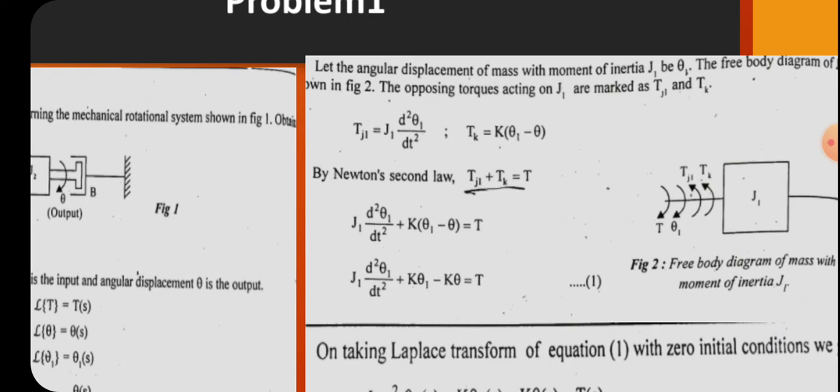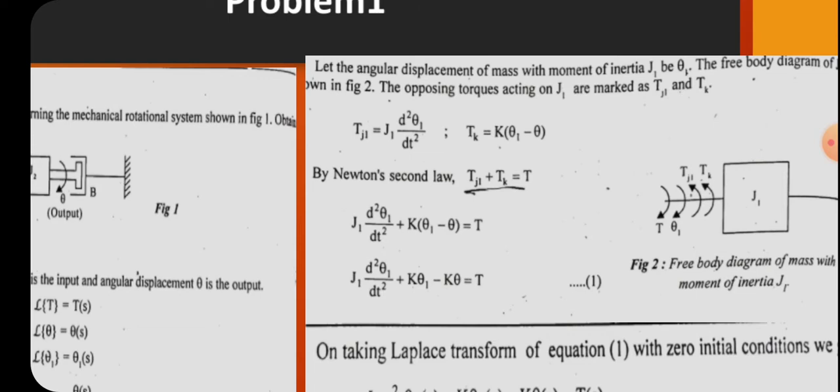So, we got the equations. By Newton's second law, the applied torque will be equal to the opposing torque, so we can write Tj1 plus Tk equal to T. Substituting the values of Tj1 and Tk, we get J1 into d square theta 1 divided by dt square plus K into theta 1 minus theta 2 equal to capital T. Multiplying the terms inside the bracket, we get J1 d square theta 1 by dt square plus K theta 1 minus K theta 2 equal to T. This is equation number 1.